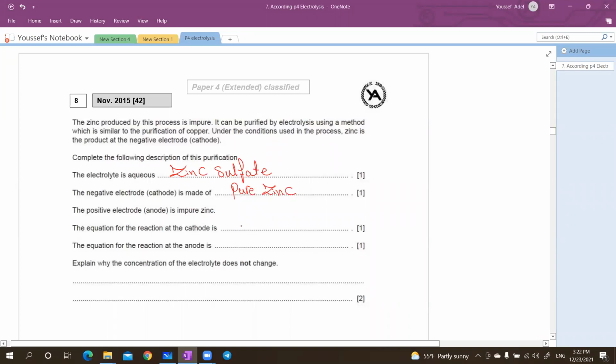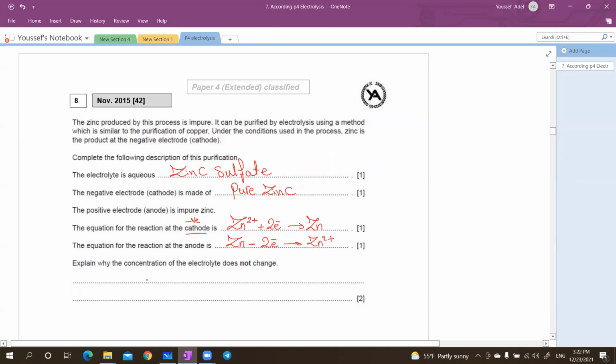The equation for the reaction at the cathode: the zinc ions will gain electrons to change to zinc atoms, because the cathode is the negative electrode, so the positive ions will be attracted to it. At the anode, the zinc atoms will change to zinc ions by losing 2 electrons.